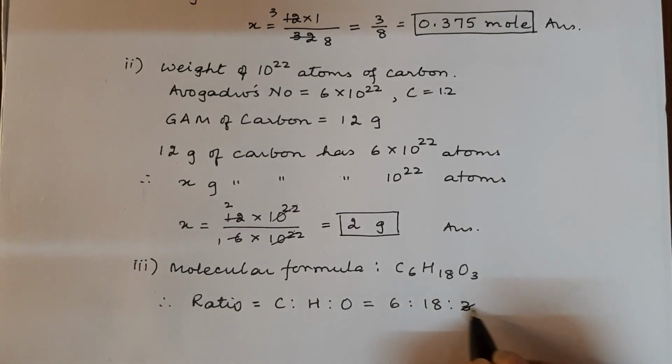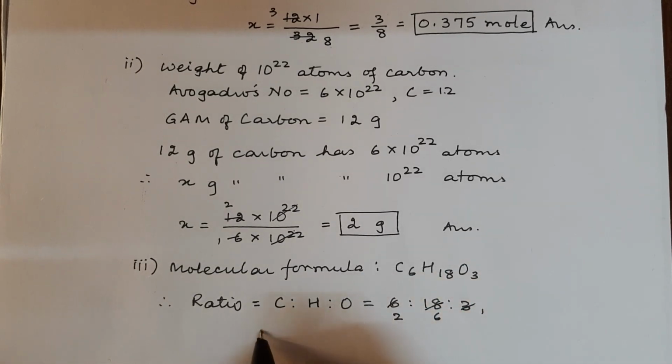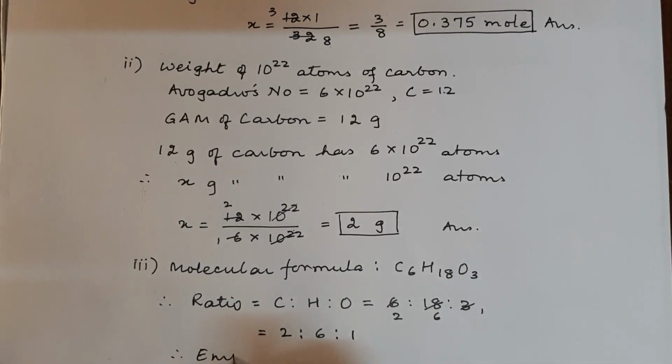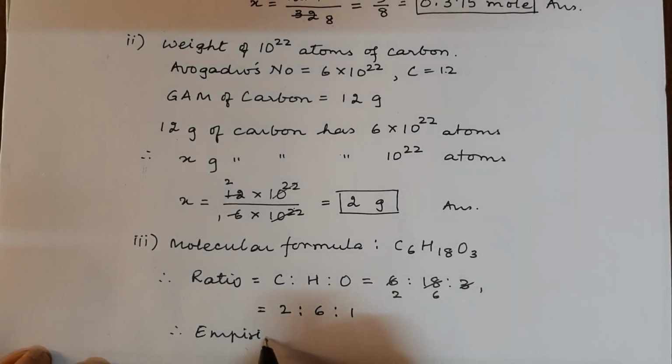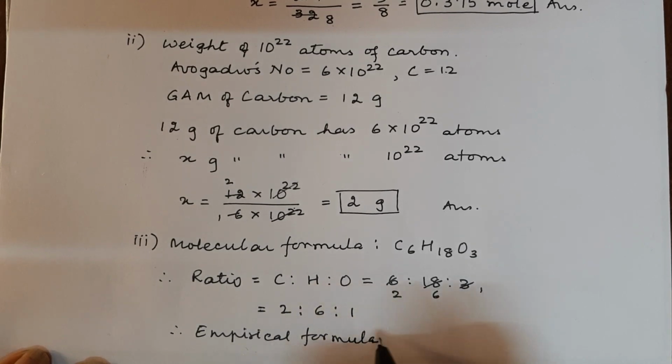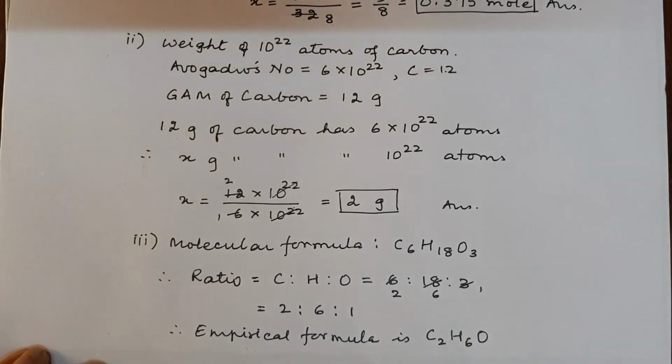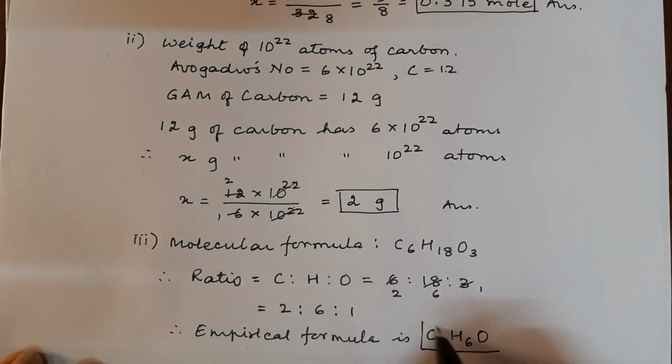So we will have the simple whole number ratio 2 is to 6 is to 1, and therefore the empirical formula is C2H6O, and that is our answer.